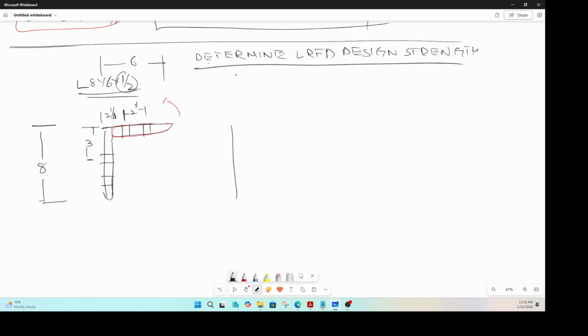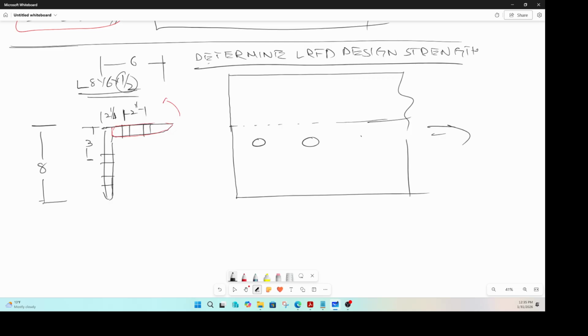Here is your 8-inch leg, and this is the other leg. That is the toppling line, and this is the discontinued edge of the structure. You have two holes here, and when you open it up, you have the same hole pattern up top.